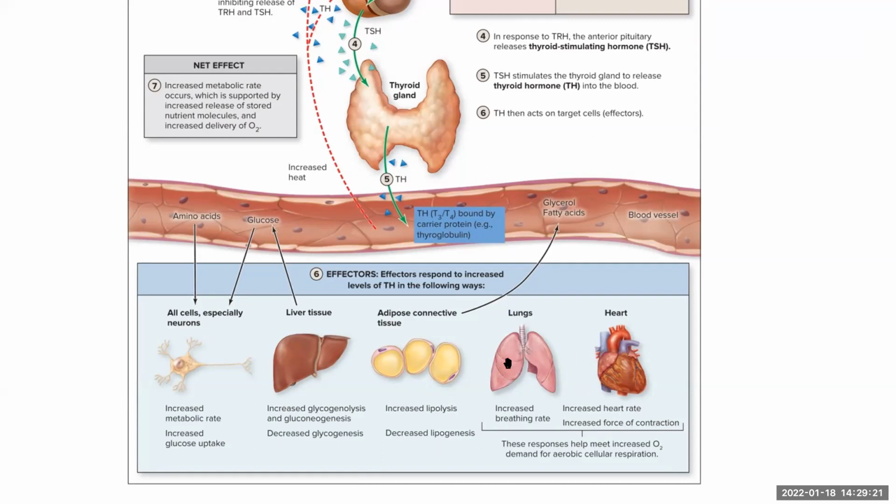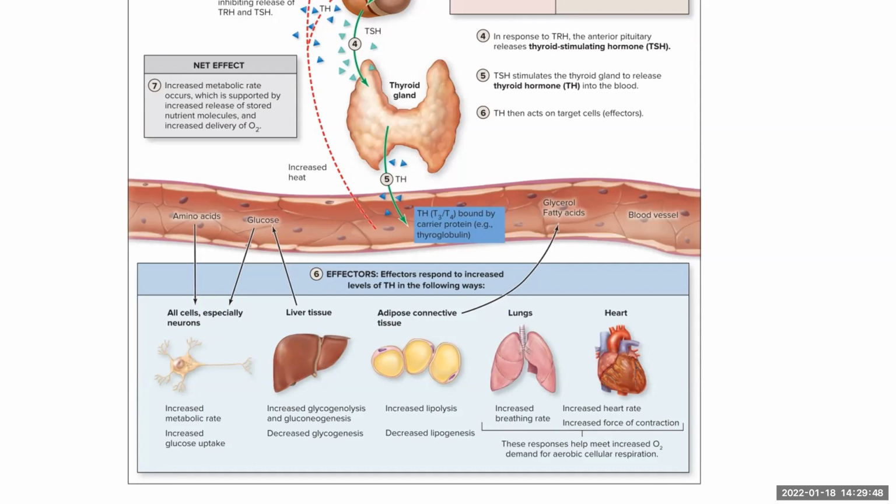Then in our lungs, and the heart, we're going to see an increased breathing rate, respiration rate increases, increased heart rate, and we see an increase in the force of contraction. Usually, when we see that, it's because we want to see more blood coming out of the heart. Well, what usually causes the need to have more blood pumping?